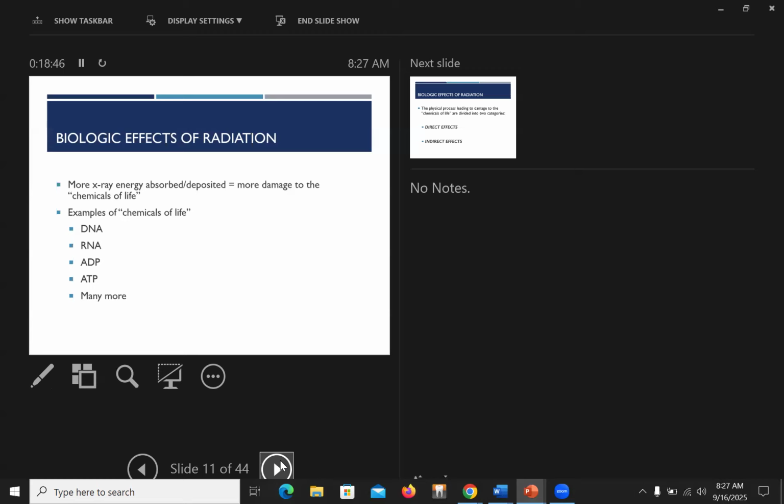There's not an exhaustive list, but just a general understanding that I'm talking about the important substances inside of your nucleus, inside the cell. You should kind of know this slide, but you don't have to know more.